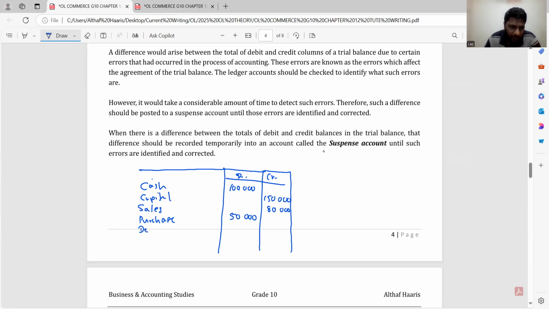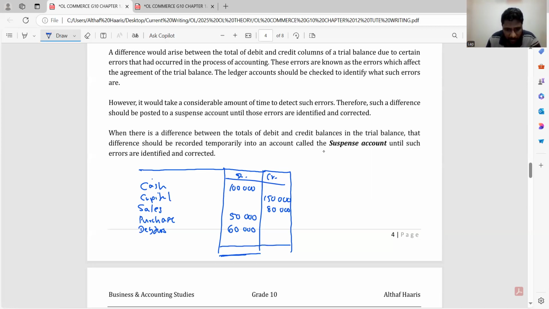And we'll assume a few debtors are there, 30,000 or 40,000. Debtors are 60,000. Now take the total of the trial balance.